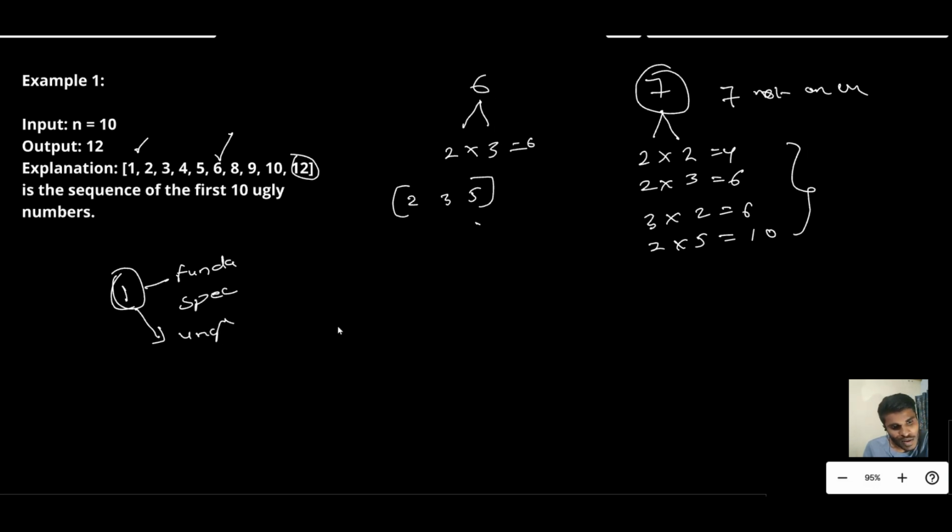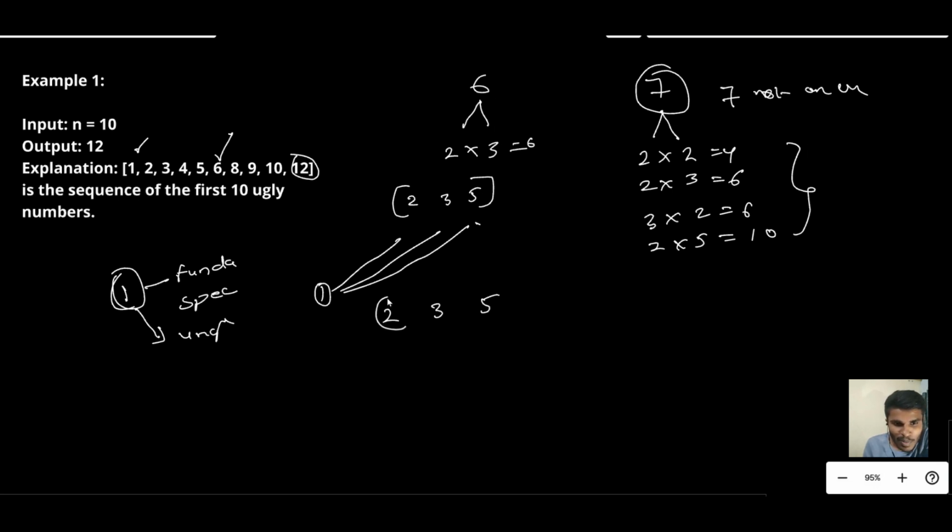Let's see how I'm going to generate our next ugly numbers. I multiply 1 with 2, 3, and 5, then I get 2, 3, and 5. Next I'll pick the smallest number from this.